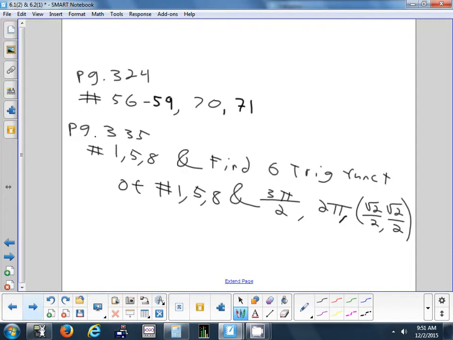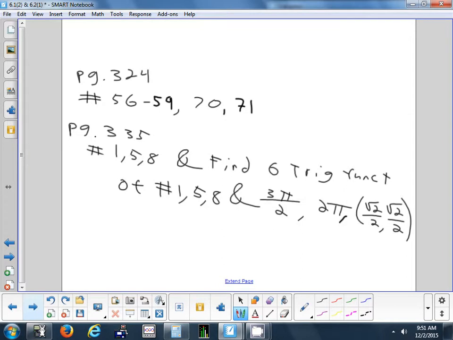So the homework, on the first part, the angular velocity and arc length, page 324, 56 to 59, and 70 and 71. On 335, I want you to do 1, 5, and 8, whatever the book directions are. And I also want you to do what we just did: find the 6 trig functions of 1, 5, and 8.